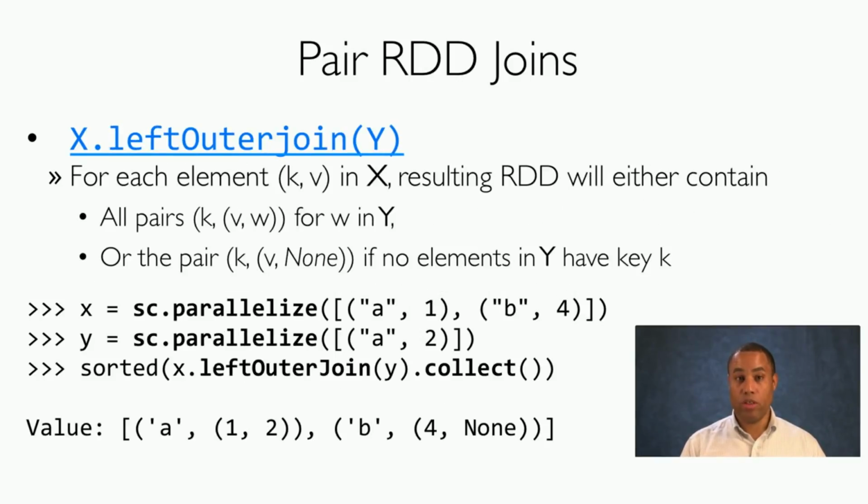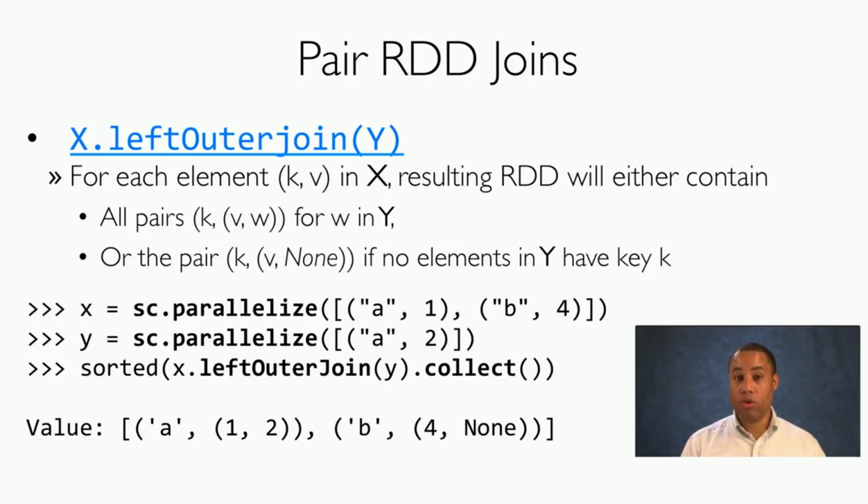Here we have a left outer join, which has the property that for each element (K, V) in X, the resulting RDD will contain either all pairs (K, (V, W)) for W in Y, or the pair (K, (V, None)) if no elements in Y have the key K. So as the example, we have (A, 1) as a pair and (B, 4) as a pair, and we have a relation consisting of (A, 2) as a pair.